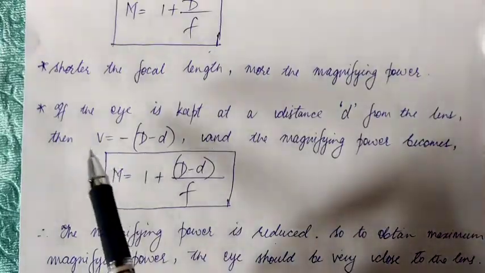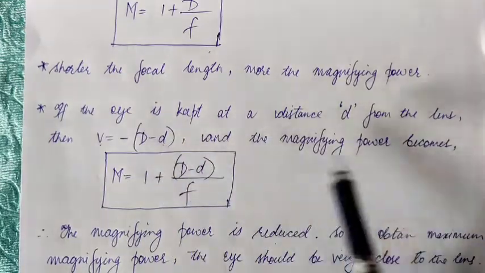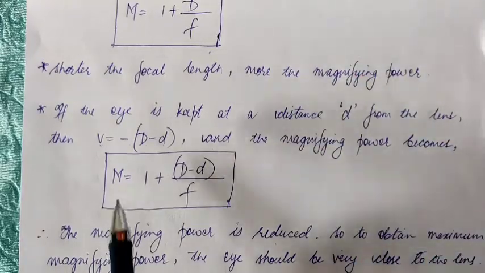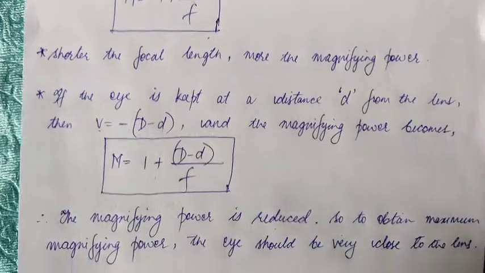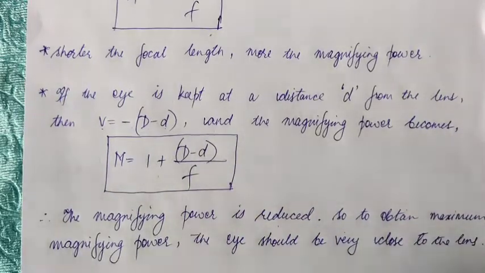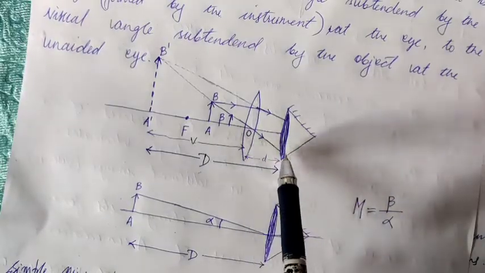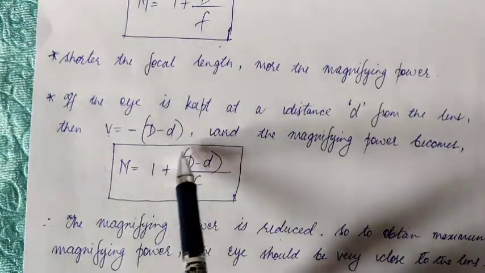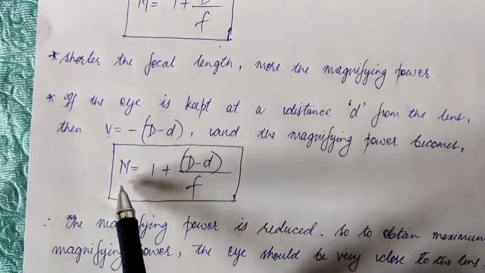Okay, and incorporating sign convention, v will be minus D minus d. And therefore the magnifying power becomes, instead of D, we are to write D minus d. So m is 1 plus (D minus small d) by f. So therefore you can see, the farther away we place the eye from the lens, the greater the distance between the eye and the lens, the lesser the magnifying power of the simple microscope.